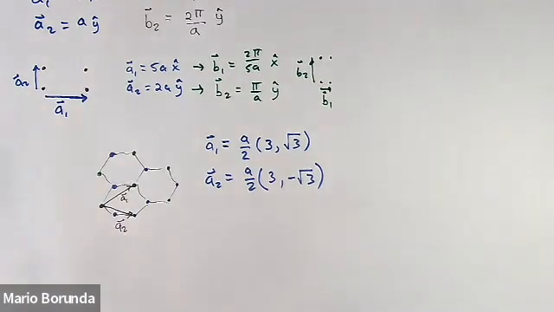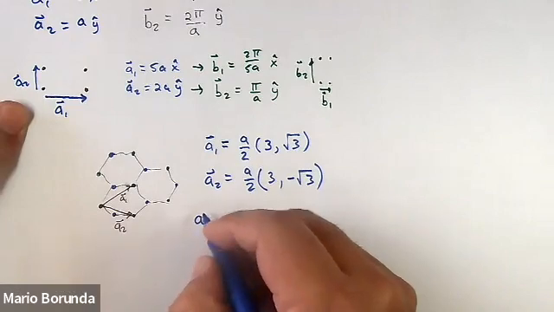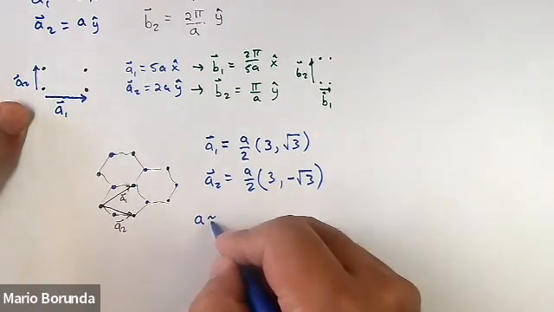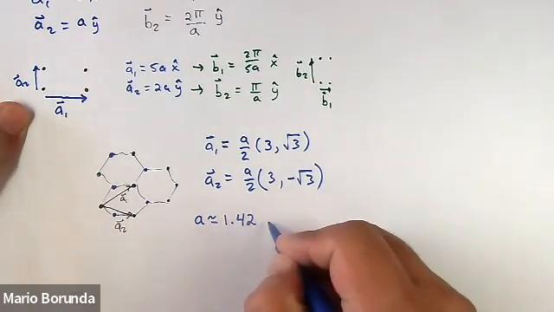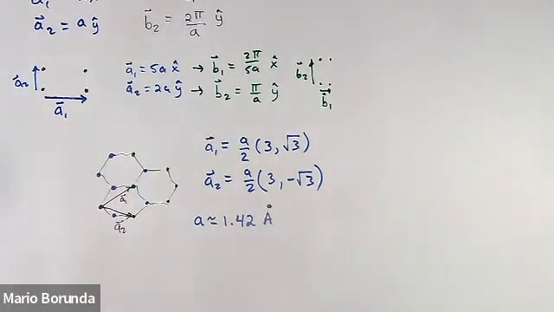Here, because this is graphene, A is a distance, the distance between the atoms, and it's about 1.42 angstroms. If this is hexagonal boron nitride, this number is a little bit different, but it's close enough. Questions? So A is the distance.